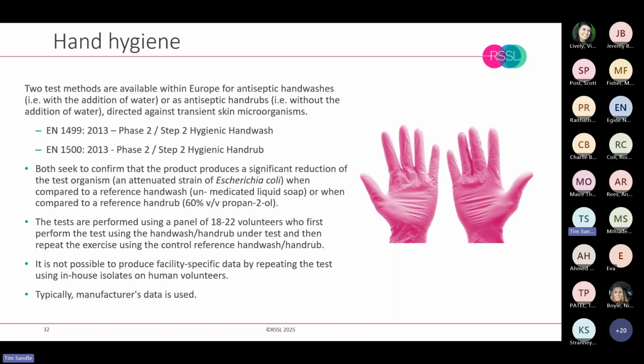So both of these hand products can be directed against transient skin microorganisms. Again, this is generally an evaluation that the provider of the disinfectant should be doing, because these are notoriously difficult for any facility to attempt to use. You need 18 to 22 volunteers, and you have to use an attenuated strain of E. coli in a soup. So it's more common to accept the manufacturer's data.